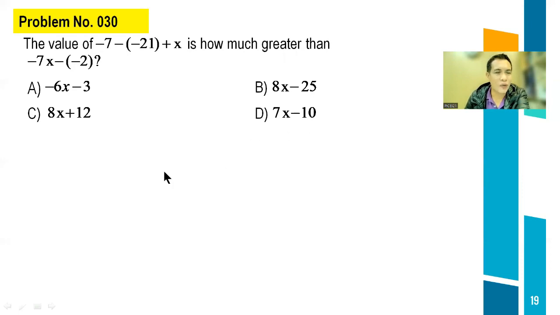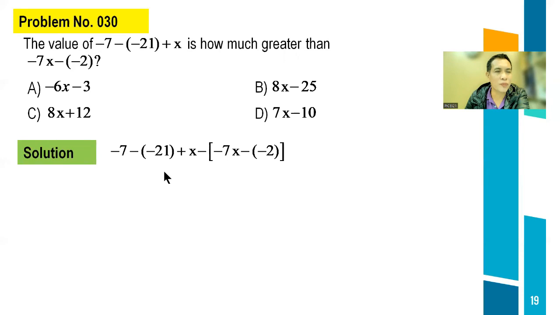For the solution, we will subtract negative 7 minus negative 21 plus x minus this expression, negative 7x minus negative 2. This is our minuend and this expression is our subtrahend.